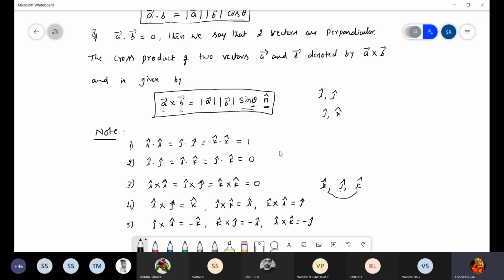This is just information, not much important. To remember this is very simple. You write i, j, k somewhere, and go in the cyclic order: i with j, j with k, and k with i. In this order only you should go, then you will get plus. If it is reverse, it is minus. Very important note.